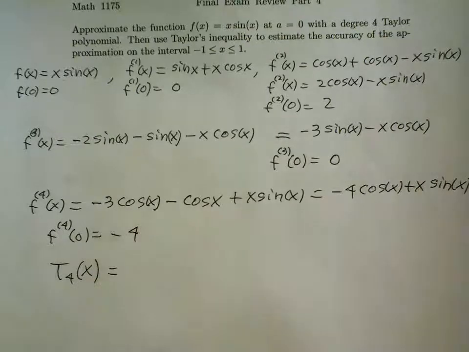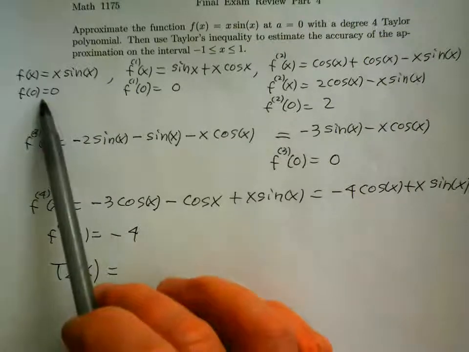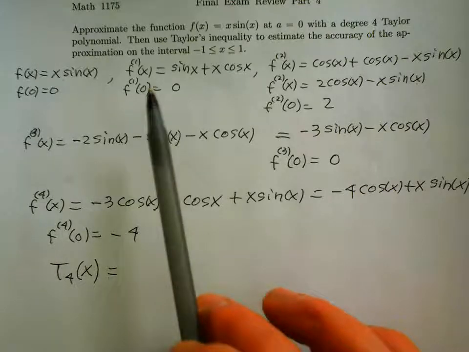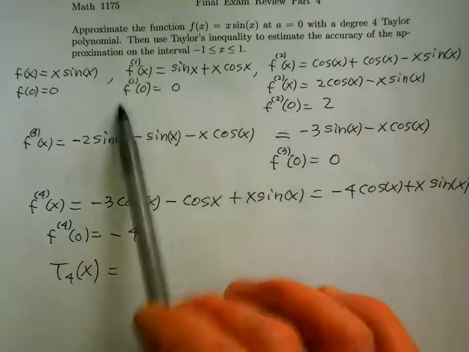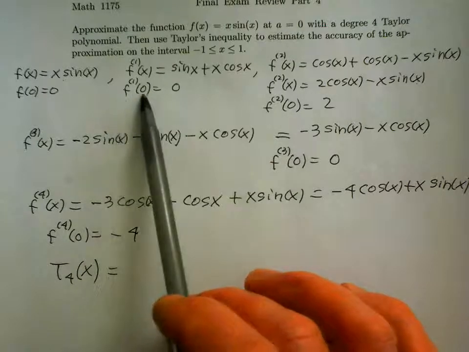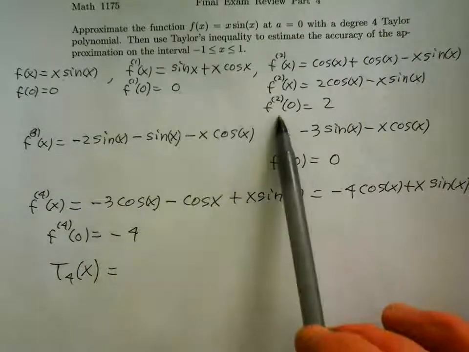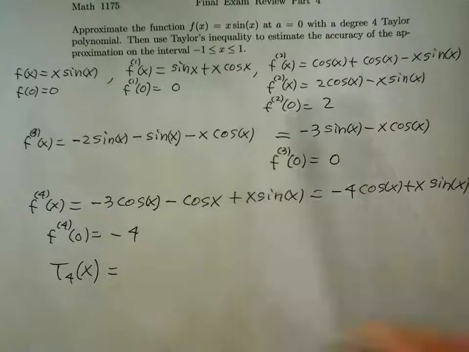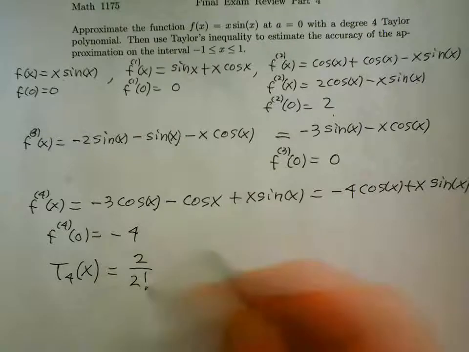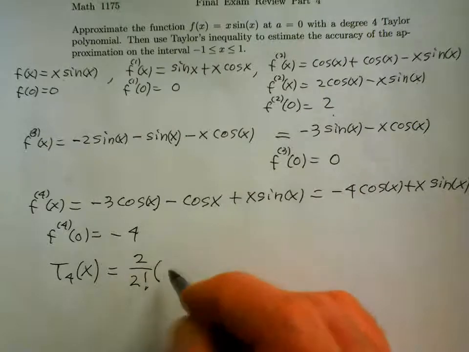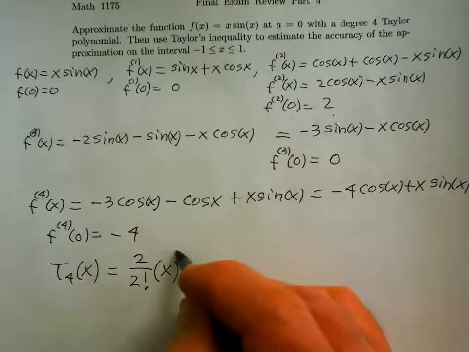At a equals 0. So f of 0 is 0. Sorry, the first derivative evaluated at 0 is 0. The second derivative evaluated at 0 is 2. So we have 2 over 2 factorial times x minus 0, or just x to the second.